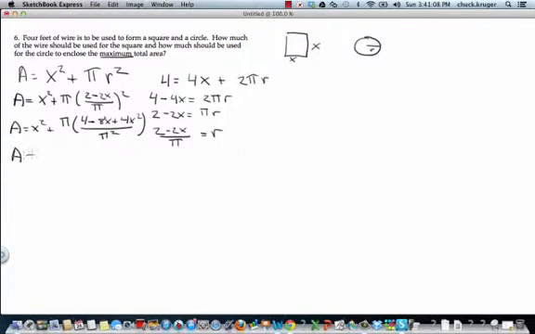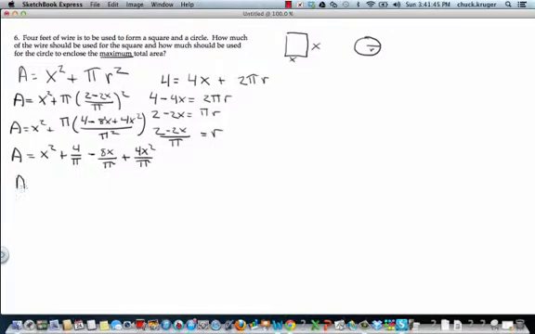So A is going to equal x squared plus pi times 4 over pi squared, which is 4 over pi, minus pi times 8x over pi squared, which is 8x over pi, plus pi times 4x squared over pi squared, which is 4x squared over pi.